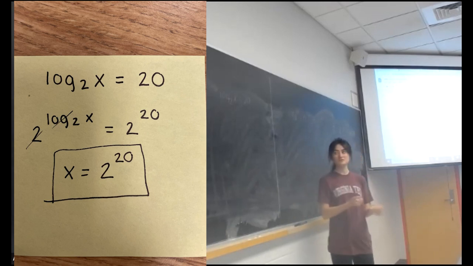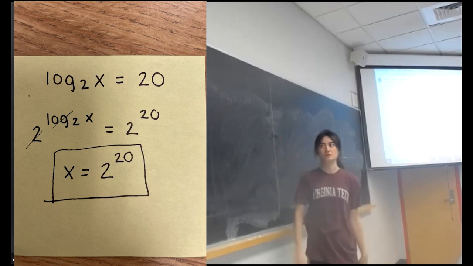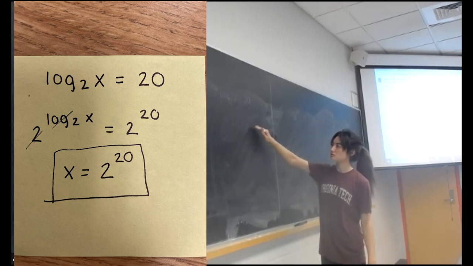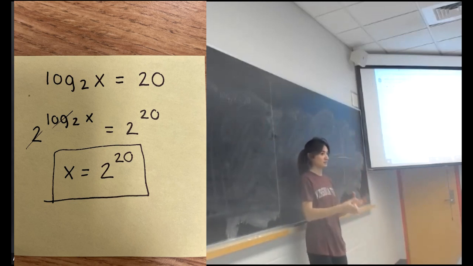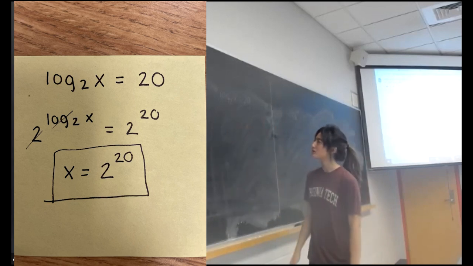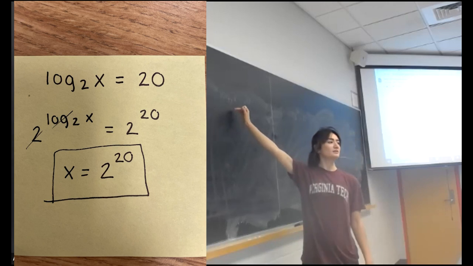Those are things that cancel each other out. Logarithms and exponentials cancel each other out. So we have a logarithm. It's by itself on the left-hand side, so we don't have to isolate the logarithm. You don't have to get the log by itself. It already is. What did you guys do to get x by itself?